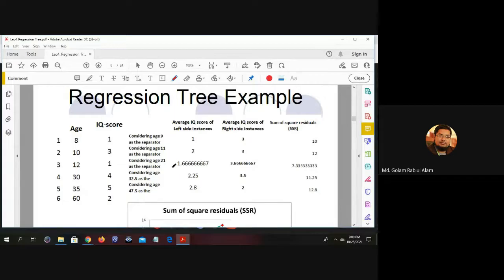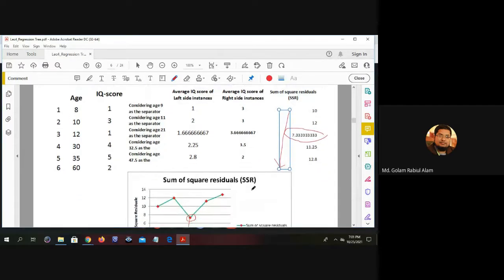Now, what should we do? We should find out which one is minimum. Here we can see that among the sums of square residuals, the minimum one is 7.333.